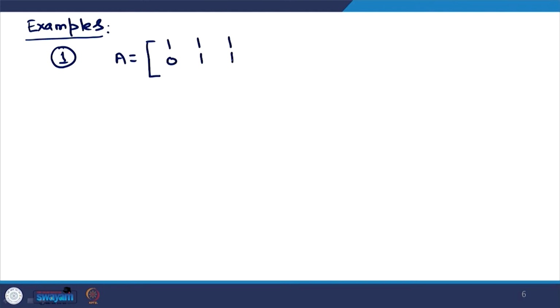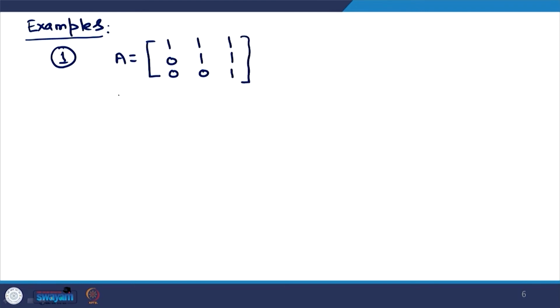So, let us take some example of Jordan canonical form. Let us take a matrix A equals 1 1 1, 0 1 1, 0 0 1.